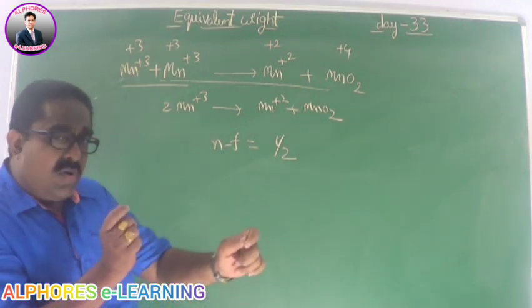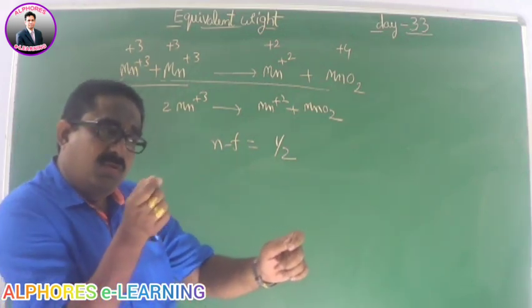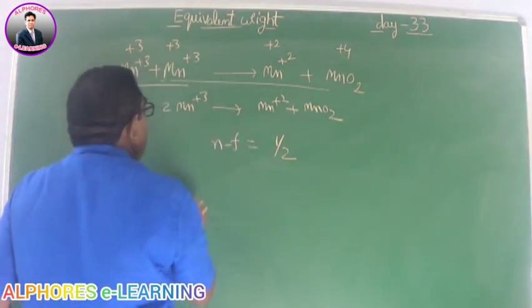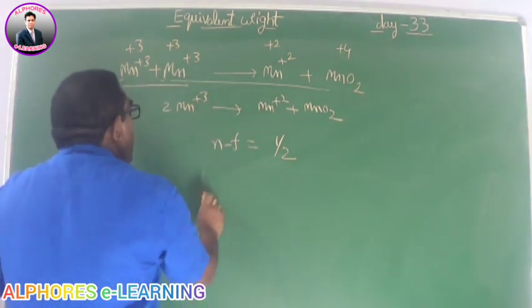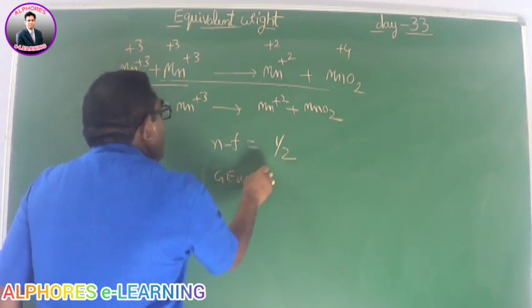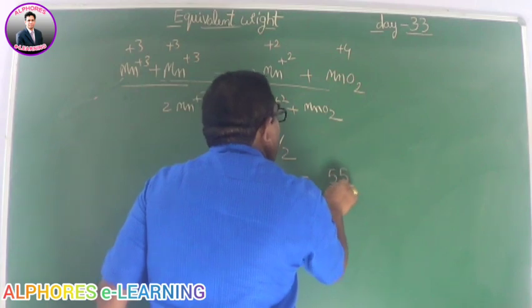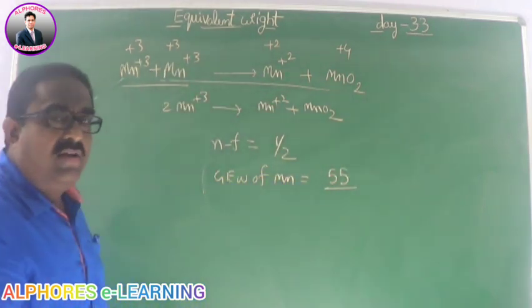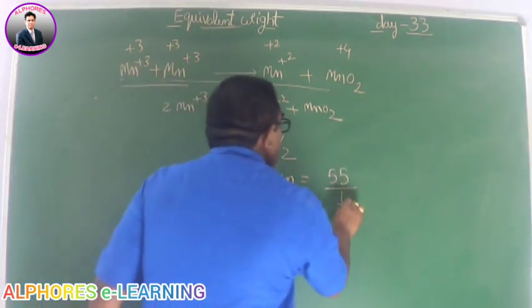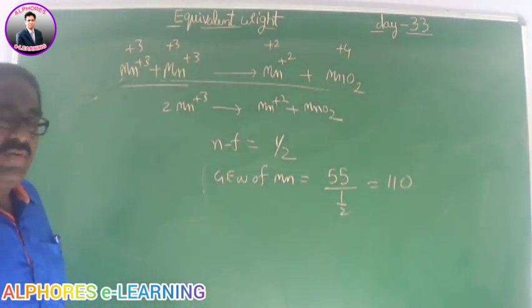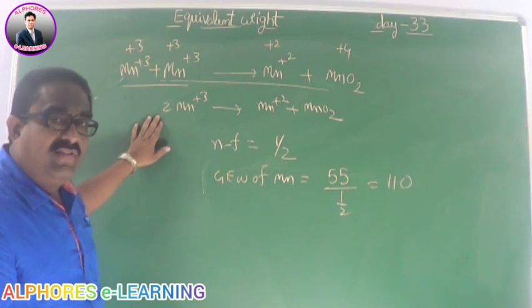That's it. So N factor is 1/2. So equivalent mass of manganese in this reaction is atomic weight of manganese, 55, divided by 1/2, that is 110. Once again I will repeat the explanation, students, so please concentrate.